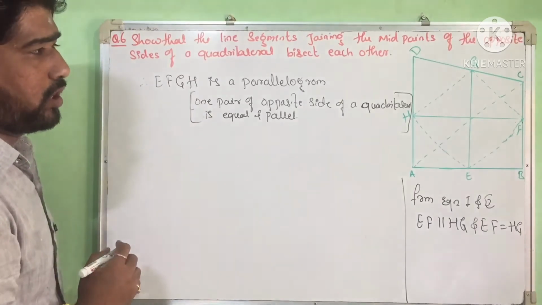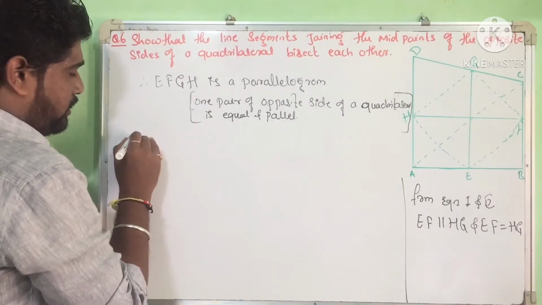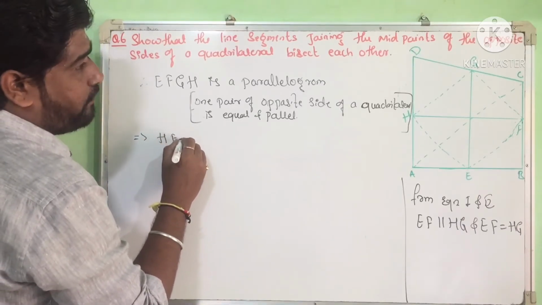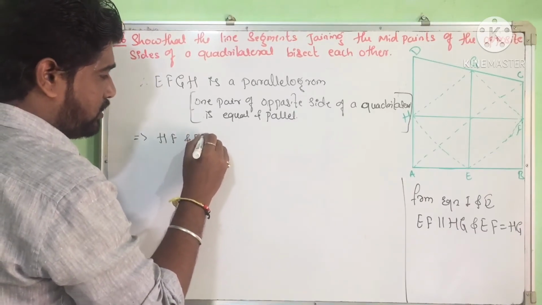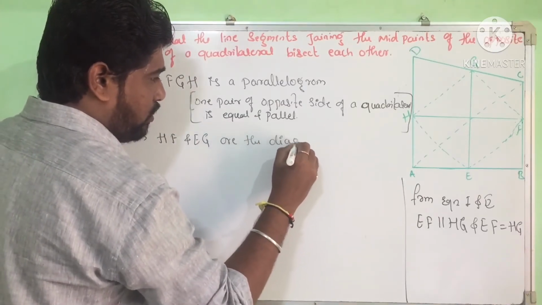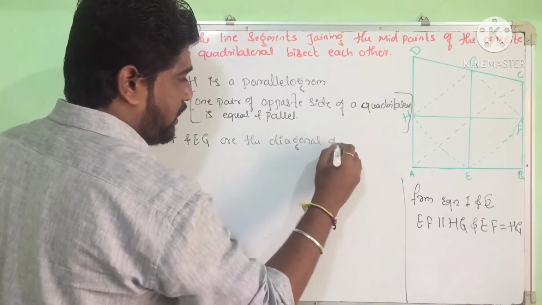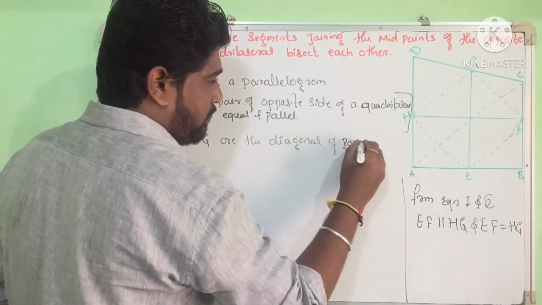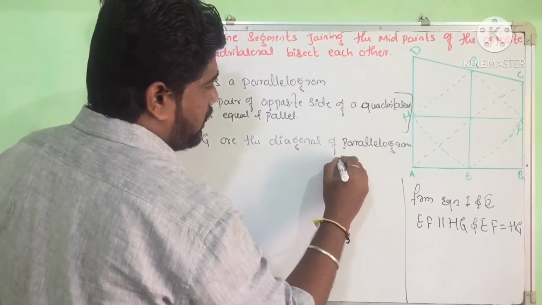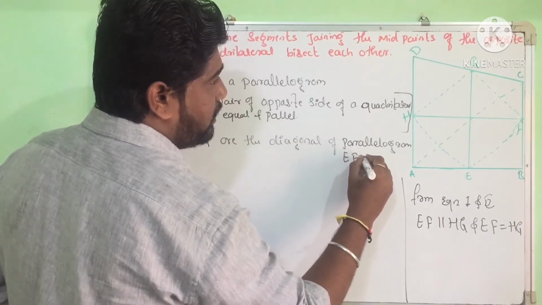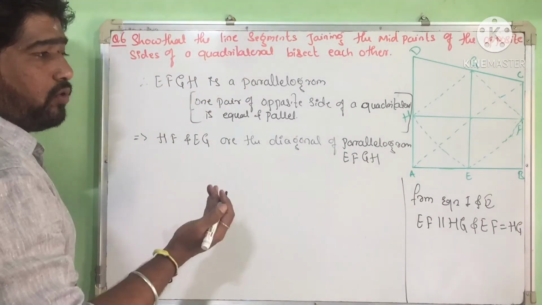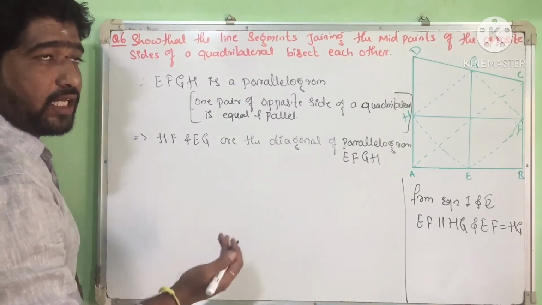So it is a parallelogram, and here this implies HF and EG are the diagonals of a parallelogram EFGH, right? So we know that in a parallelogram the diagonals bisect each other, right?